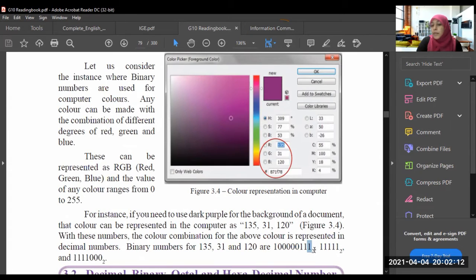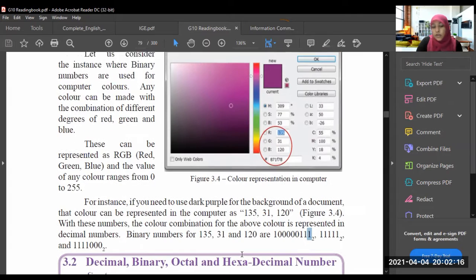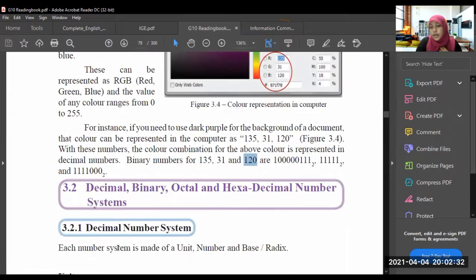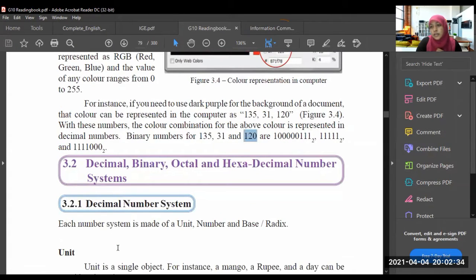You should write the base of them. And the conversion of decimal number 120 into binary is 1111000 base 2.